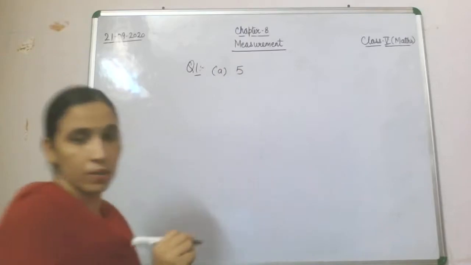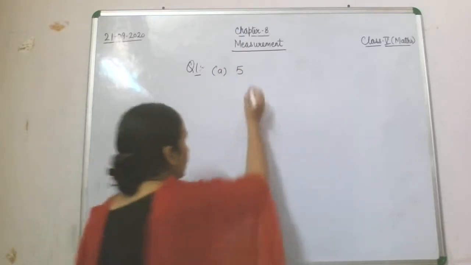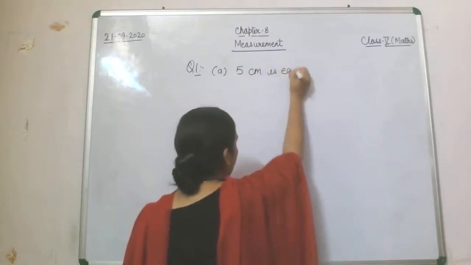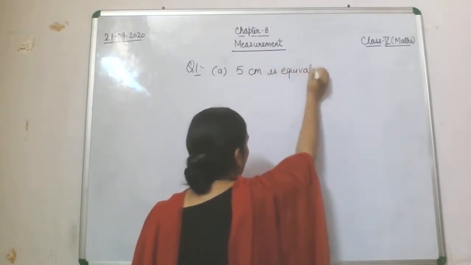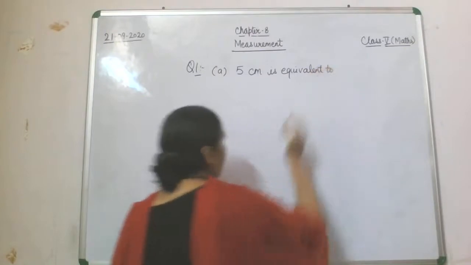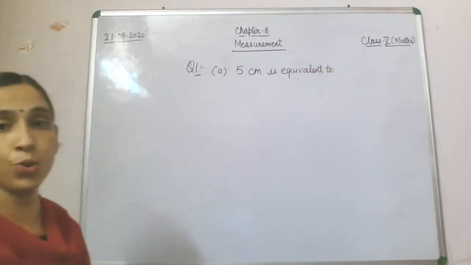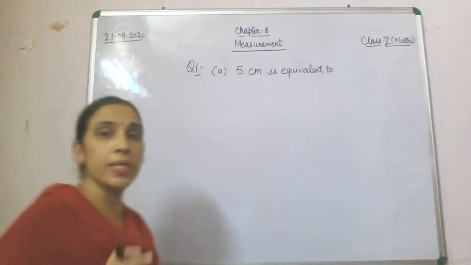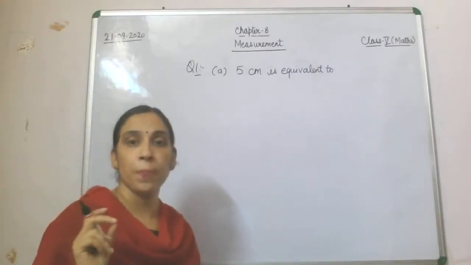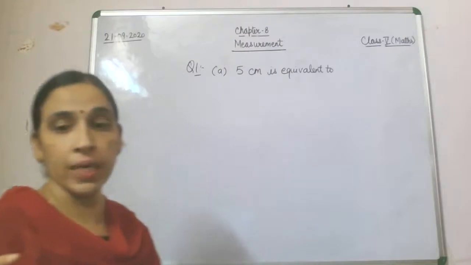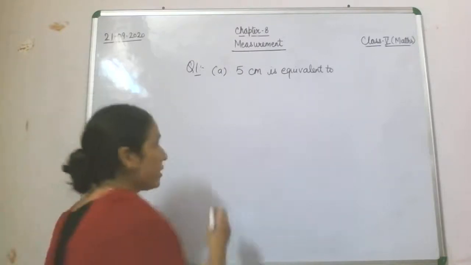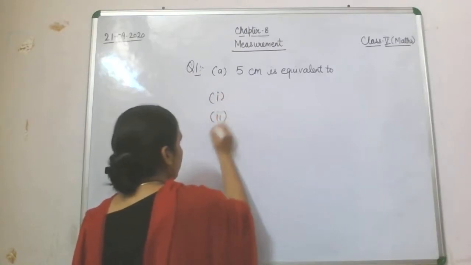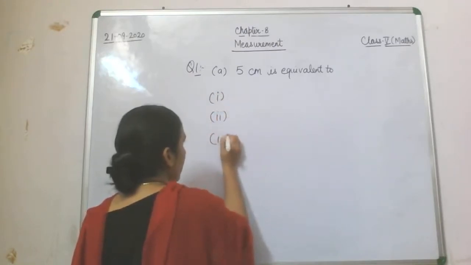5 centimeter is equivalent to. Now this question is related to conversion only, that is, how will you write it down. See here, 4 options are given, 1, 2, 3 and 4.